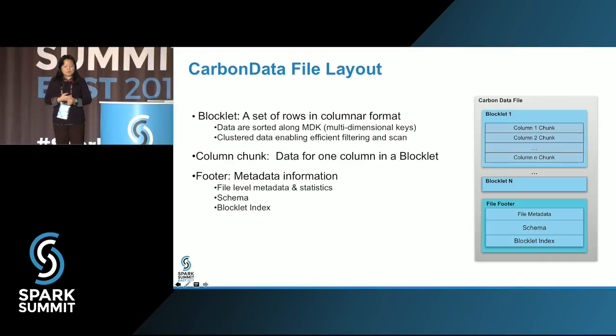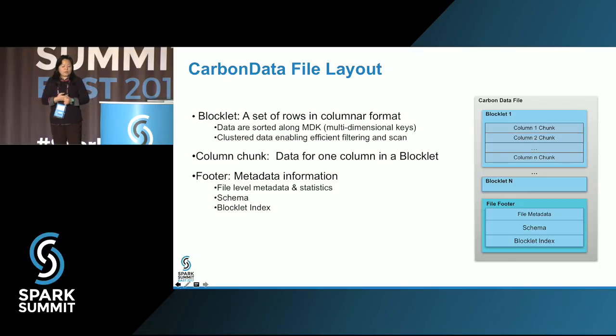As you can see, here is a visual representation of Carbondata files. A Carbondata file contains a sequence of blocklets. Each blocklet is a set of rows in columnar format. You can see each blocklet contains a column chunk for each column defined in the file.